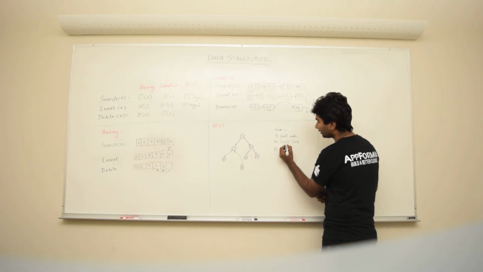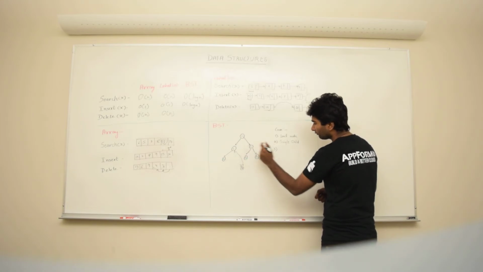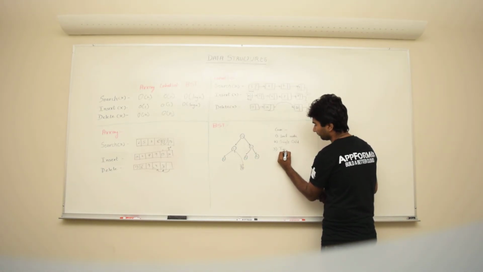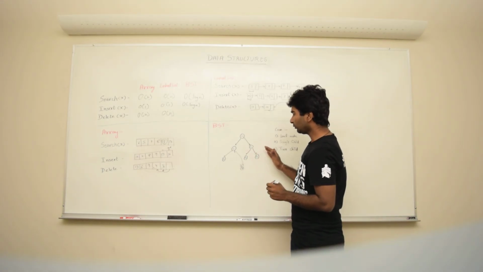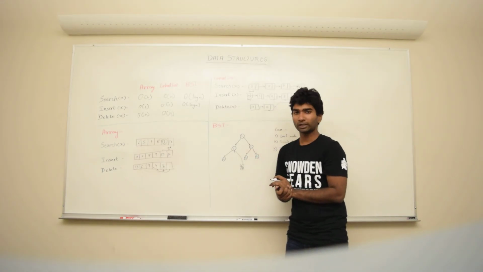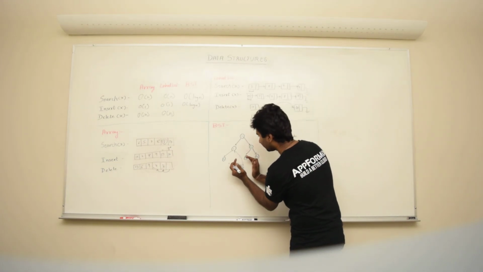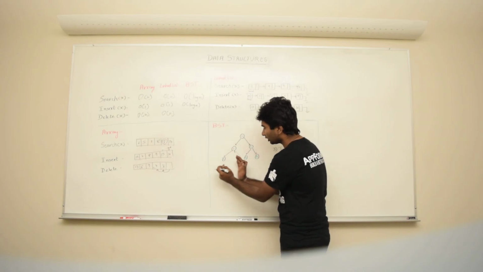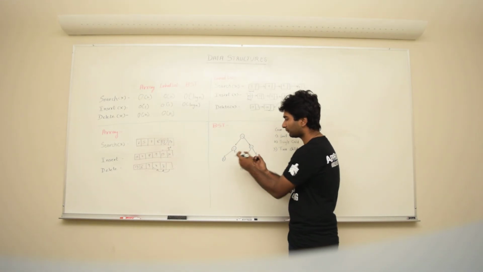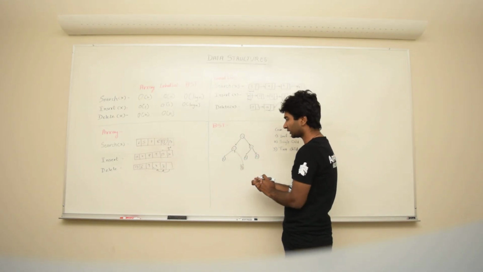Case 3, we want to delete a node which has 2 children. Here what we do is we find the maximum value in the left subtree or the minimum value in the right subtree, and we replace the node which we want to delete with that value.